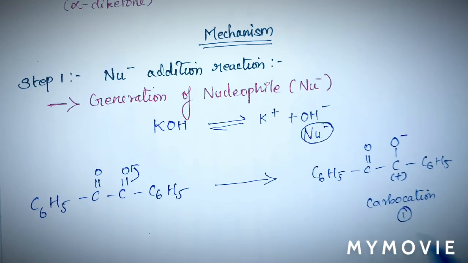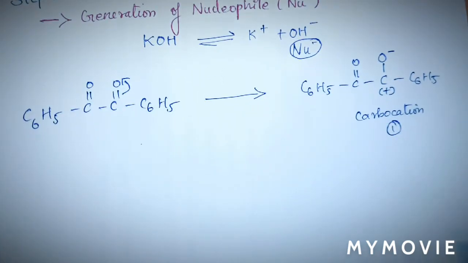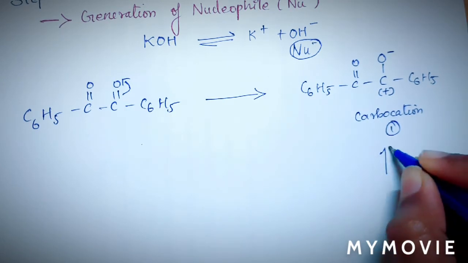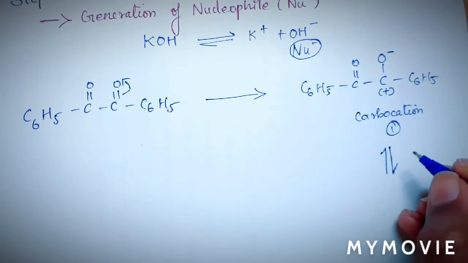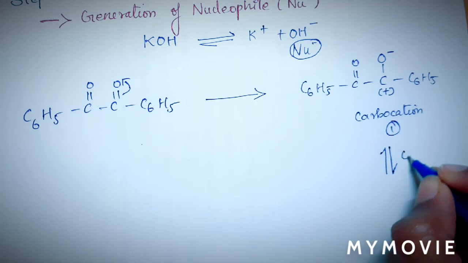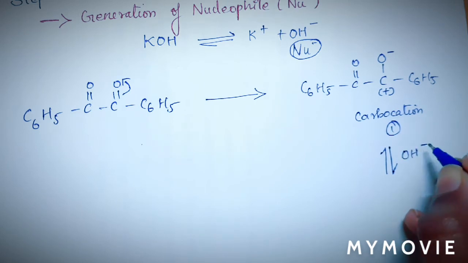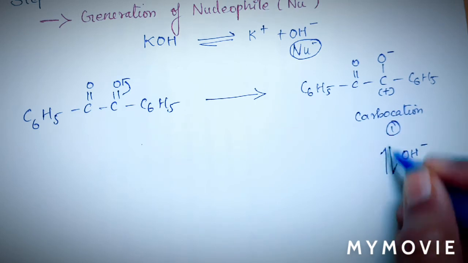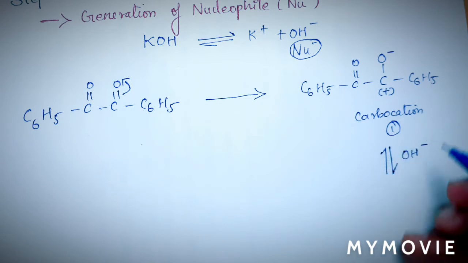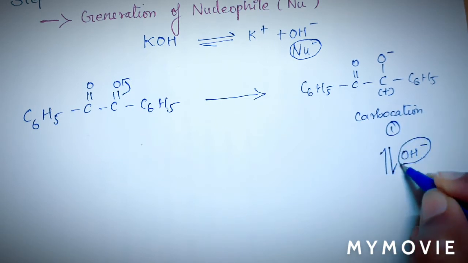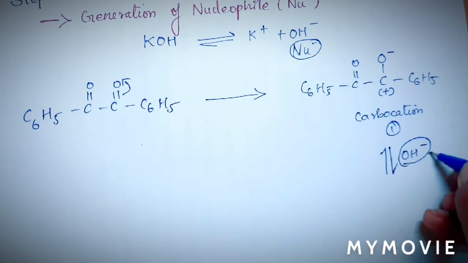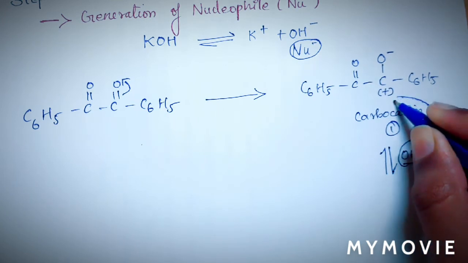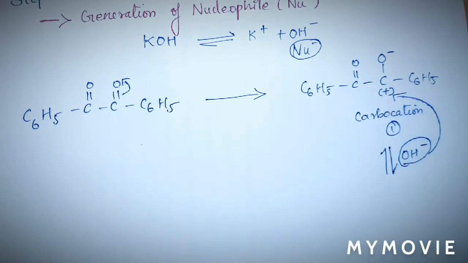Now we will see how the nucleophile OH minus is attacking the carbocation. This is a reversible reaction because the opposite of this reaction can also happen. Now I am going to write the nucleophile on top of the double-headed arrow, double-headed because it is a reversible reaction. OH minus is electron rich, so it will go and attack carbon, which is positively charged.